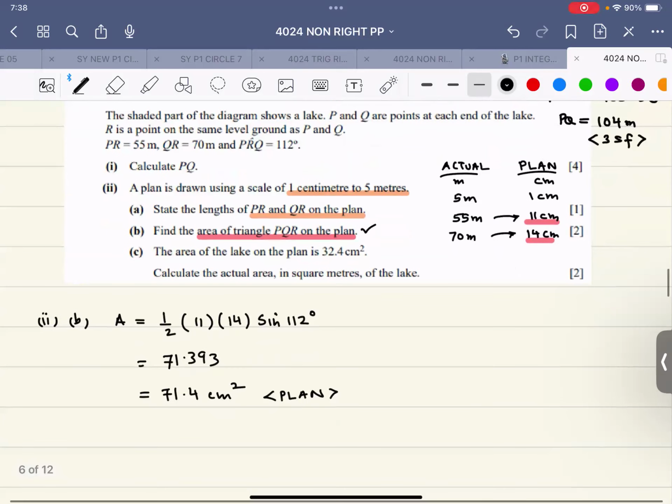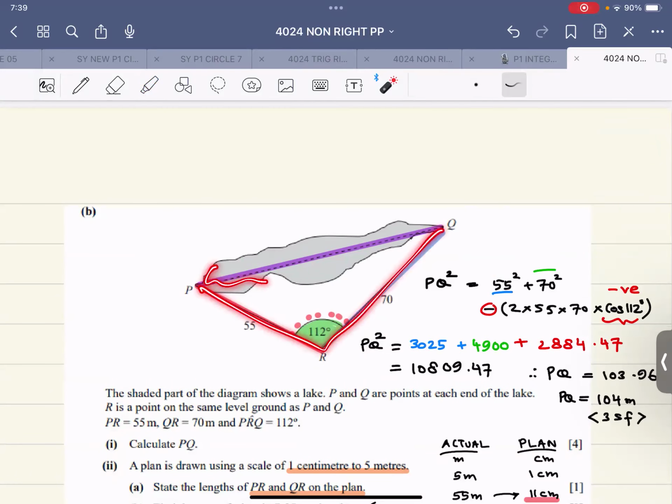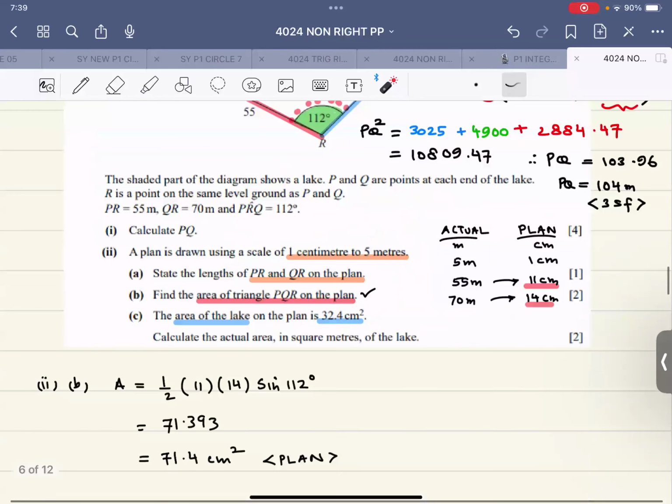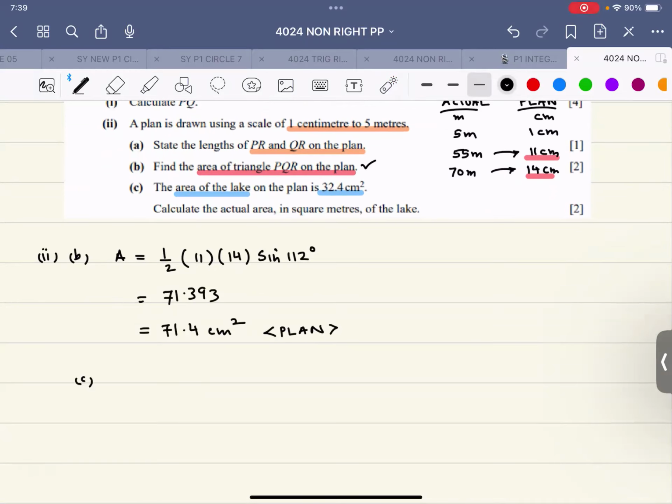Now, what about the last part? For the last part, it says the area of the lake on the plan is 34 centimeters square. So now this is not the lake, this is not the triangle, this is the lake over here. Calculate the actual area in square meters of the lake. This is again about scaling. So part C, I'll write actual, I'll write plan.